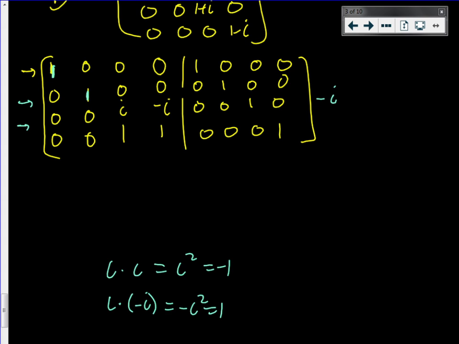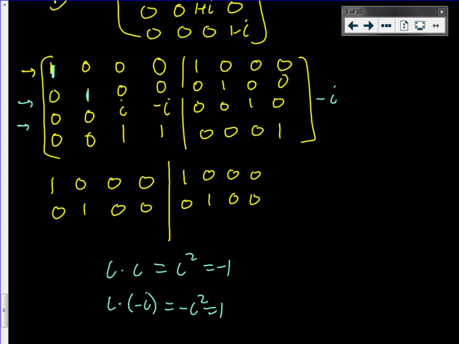Okay, so I'm not touching the first row: 1, 0, 0, 0. Second row, I am not touching: 0, 1, 0, 0. Third row, I'm multiplying by negative I. 0 times negative I is 0.